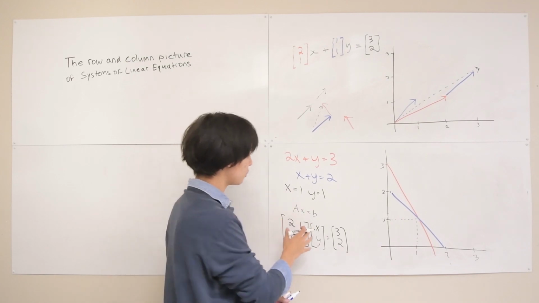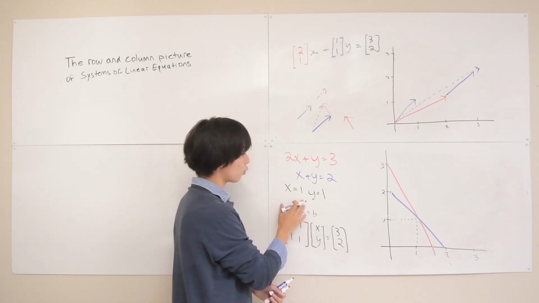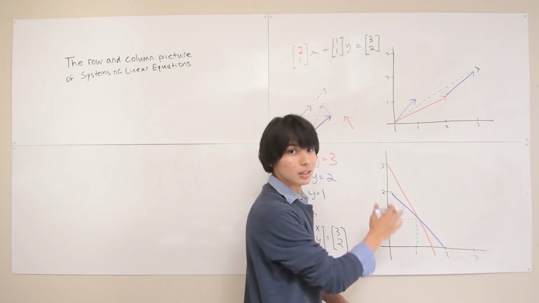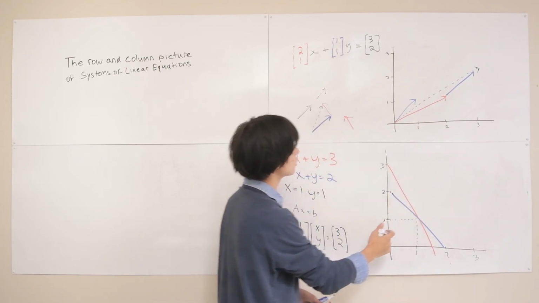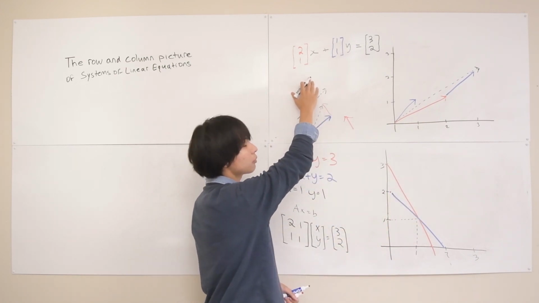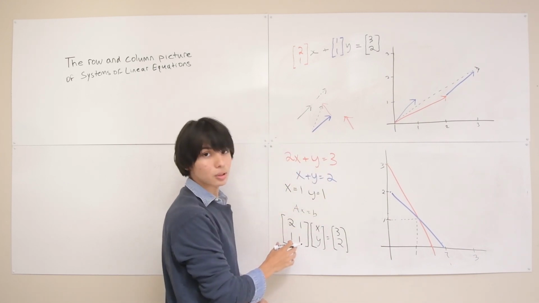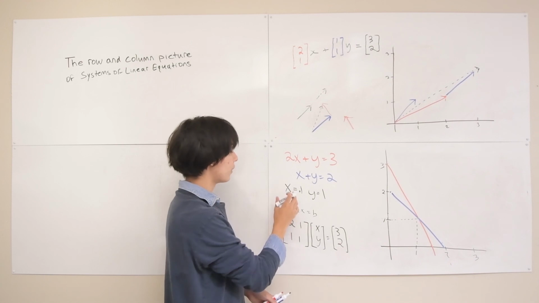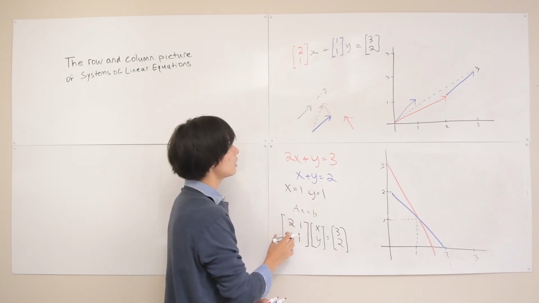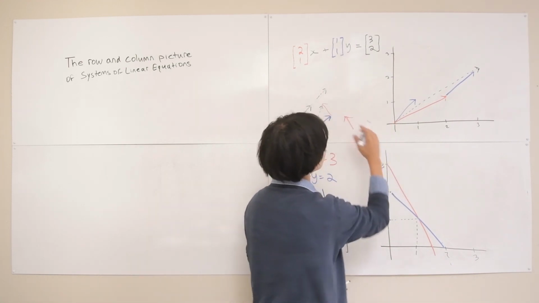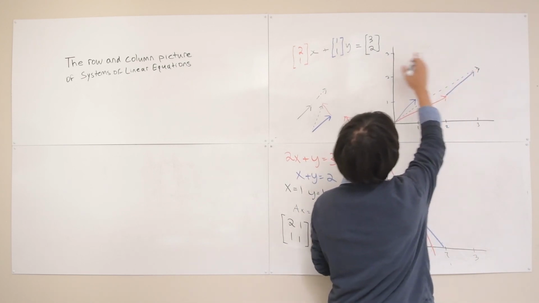And back here we were solving for the coordinates of a point that represented the intersection between two lines. And here we're looking for the proper values of x and y to multiply the columns of our matrix A by, or the vectors of matrix A by, to perfectly get to the point represented by the answers here.